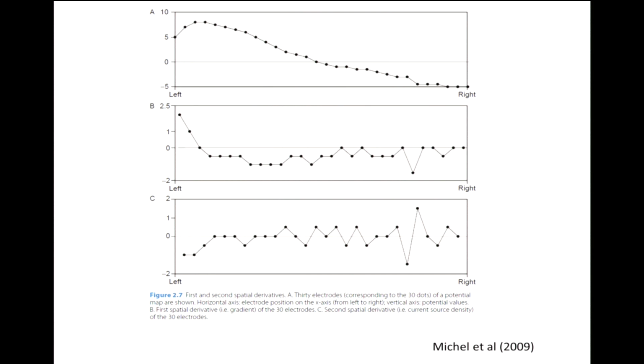The only thing is, in practice it's slightly more complicated, because here I am assuming this electrode only has one neighbor, but on the surface we know that one electrode has many neighbors surrounding it.